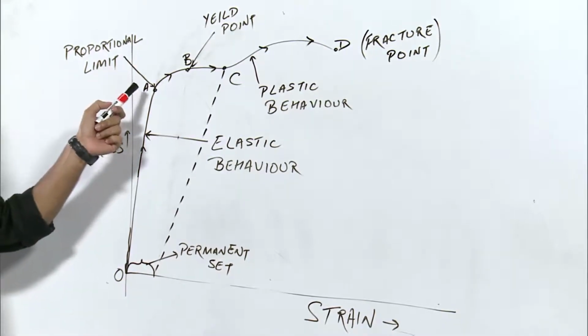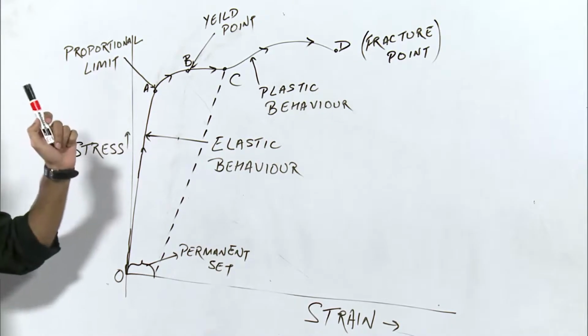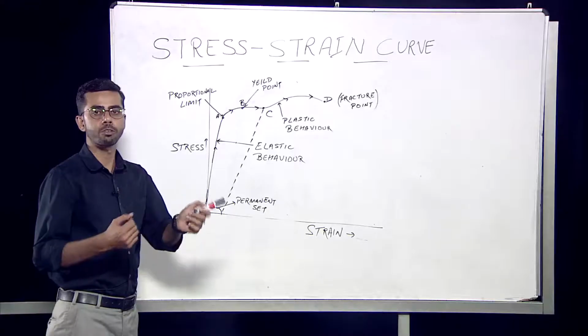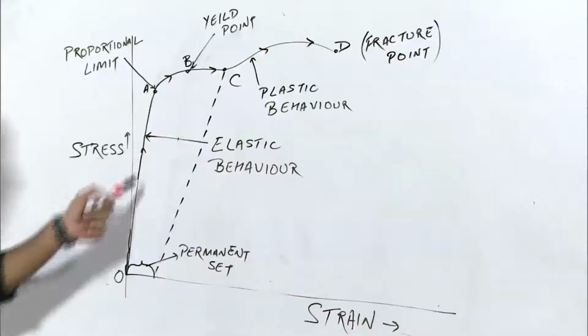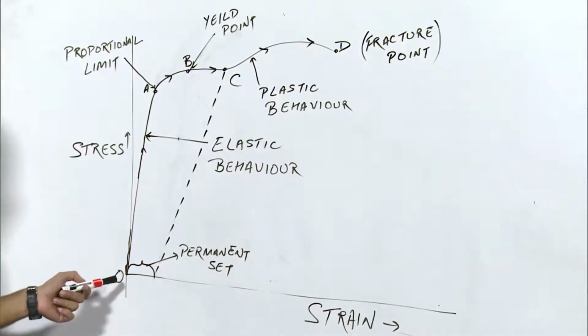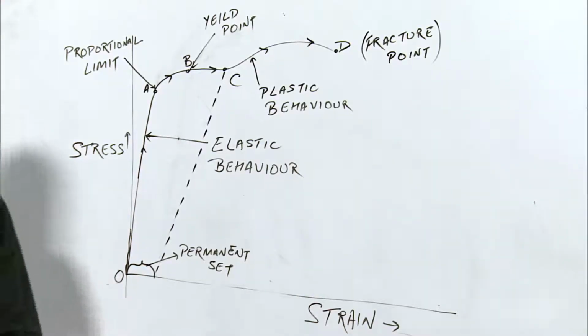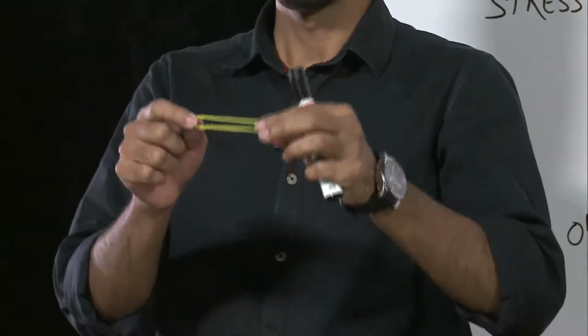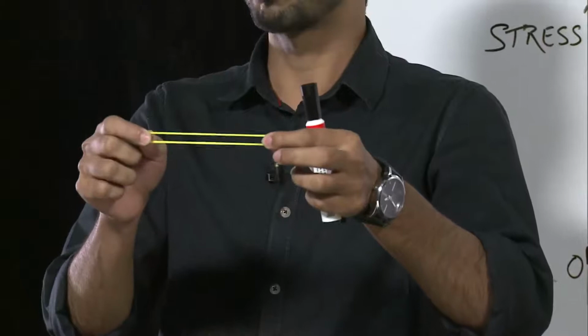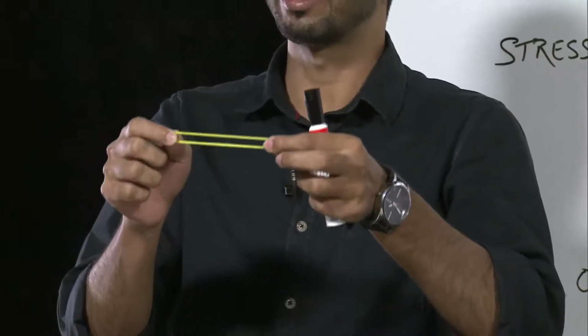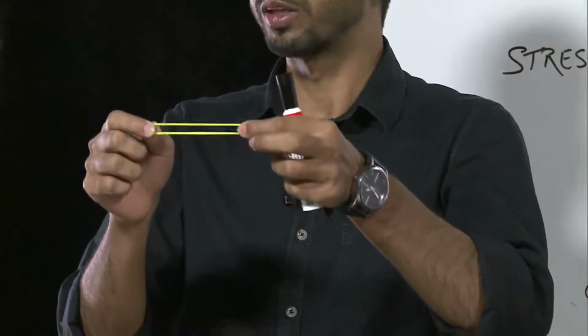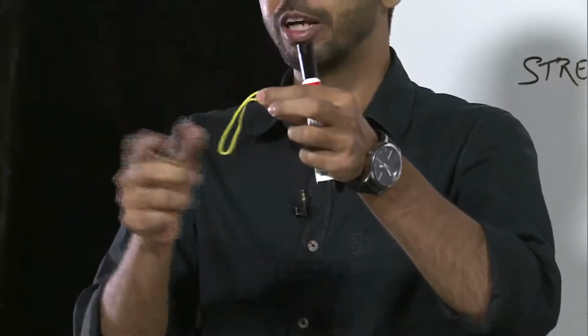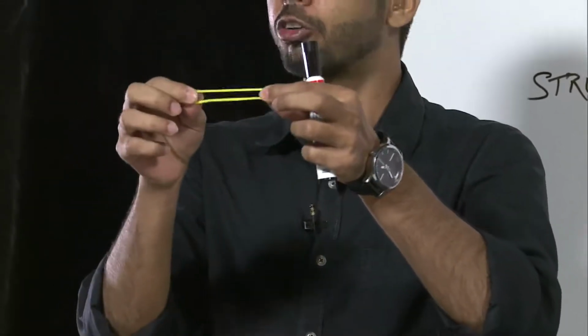Till here, if the force is applied and the deforming forces are removed, it will turn back to its original configuration. For example, we take a simple rubber band. If we stretch a rubber band within the proportionality limit and the deforming forces are removed, it will turn back to its original configuration.